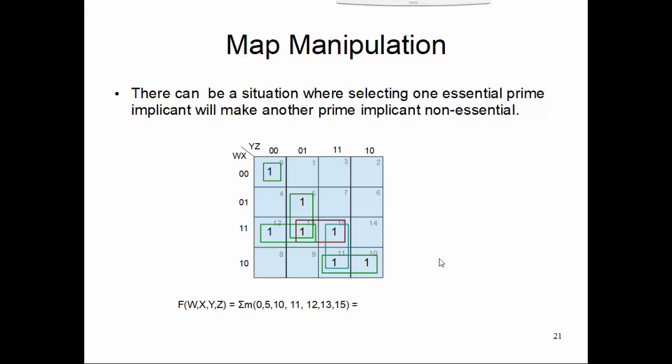Now, if both are my prime implicants, which one is my essential prime implicant? We can write down taking 13, 15 as my essential prime implicant, or we can write down with the group 15, 11 as my essential prime implicant, and essentially both these reductions are good.